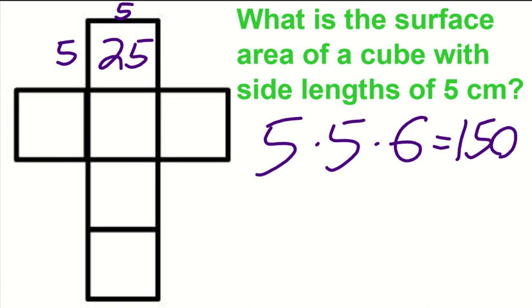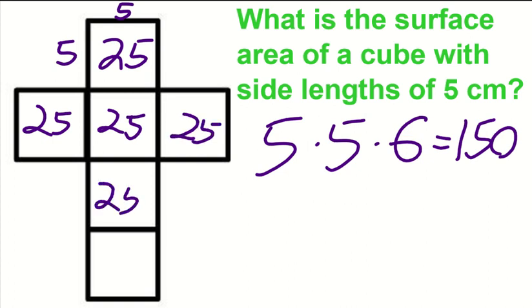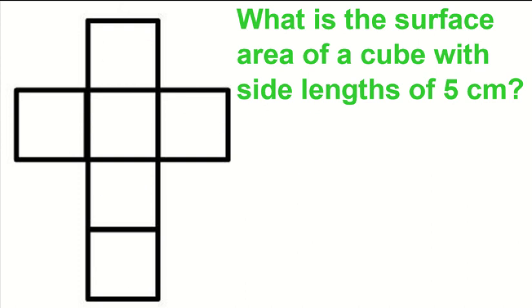Okay? You left off one of the 5s. We get the area of one square, and then we can multiply it by 6. If you really wanted, we got 6 squares. You could add them all up too. If you're not so good at multiplying, you could add up all these 25s also.